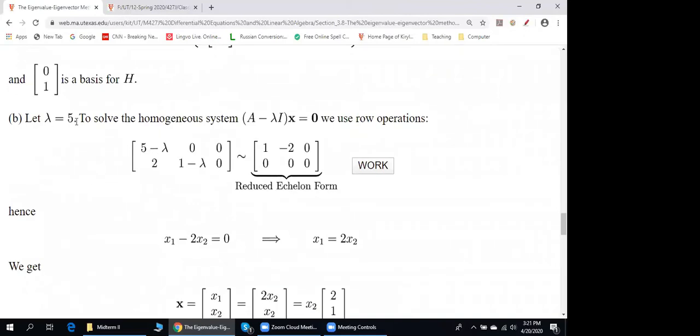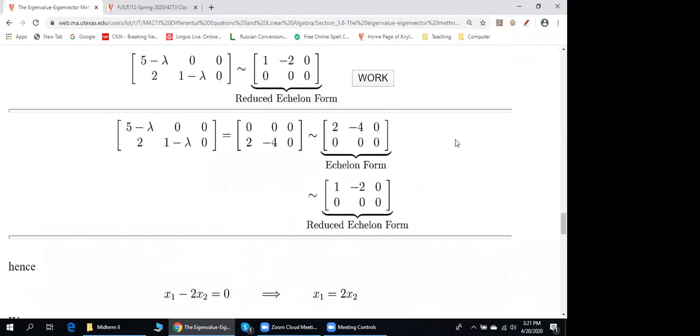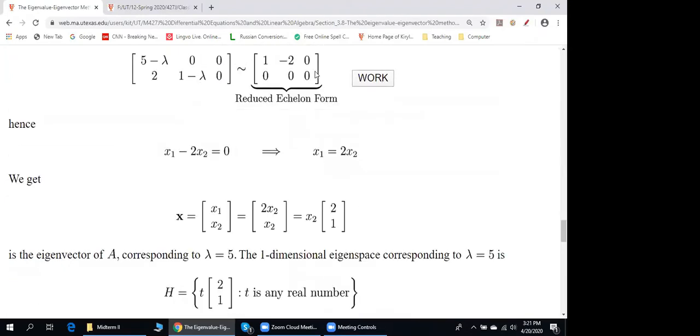Similarly, for lambda is equal to 5, here is the augmented matrix. We replace lambda by 5 and apply elementary row operations to come up with the reduced echelon form. We switch to the corresponding equation. We move 2x2 to the right because x1 is a basic variable, x2 is a free variable.